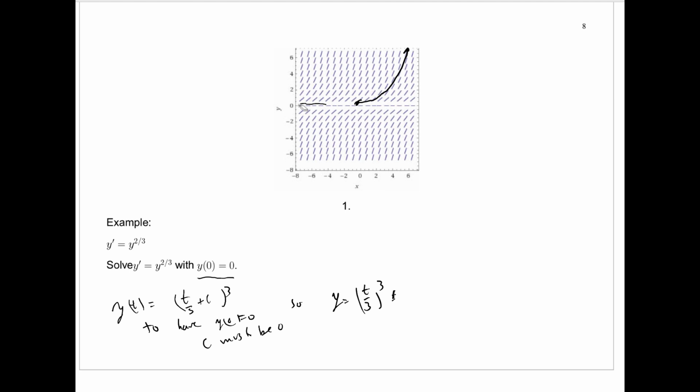If you have y equals 0 all the way up until 0, and then y equals t over 3 cubed after that, this hybrid solution is yet another solution to the differential equation that satisfies our initial condition. And the situation is actually even worse. There are many other solutions you could draw as well.